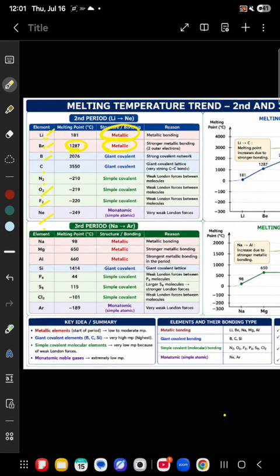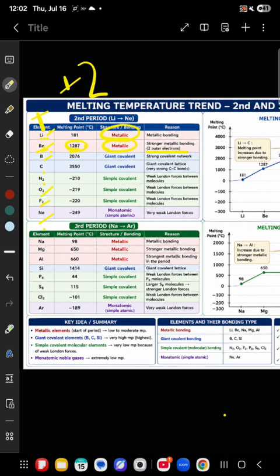The reason is that lithium belongs to group 1, so lithium can lose just one electron, but beryllium can lose 2 electrons. That's why its metallic bonding would be stronger, because it has two outer electrons, so it can lose the two electrons.